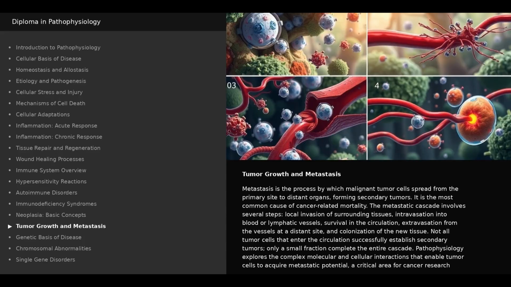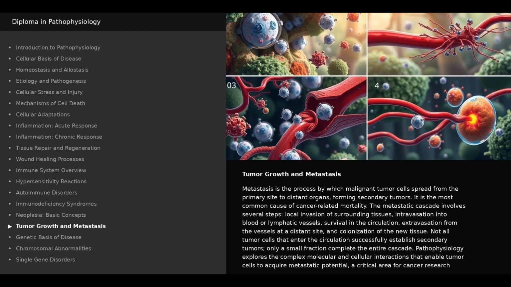Metastasis is the process by which malignant tumor cells spread from the primary site to distant organs, forming secondary tumors. It is the most common cause of cancer-related mortality. The metastatic cascade involves several steps: local invasion of surrounding tissues, intravasation into blood or lymphatic vessels, survival in the circulation, extravasation from the vessels at a distant site, and colonization of the new tissue.